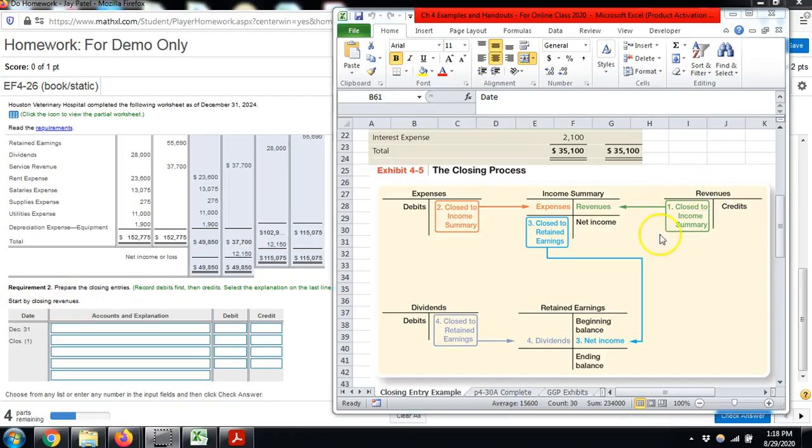This corresponds to this green colored entry here where we have our revenues, which are a credit balance, and we're now going to be debiting the revenue account to close it and transferring the revenues to income summary via a credit to this income summary account.